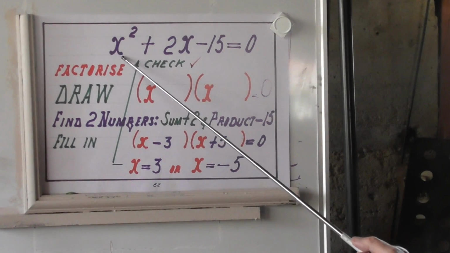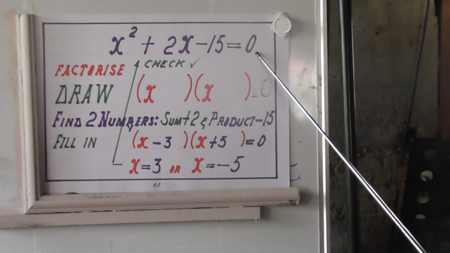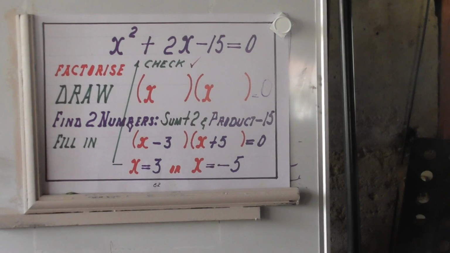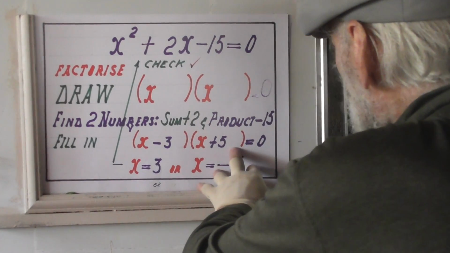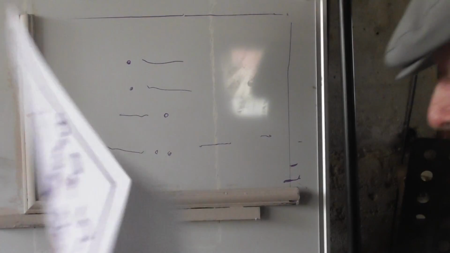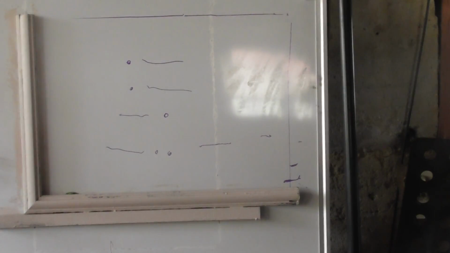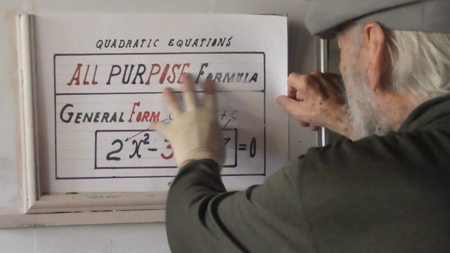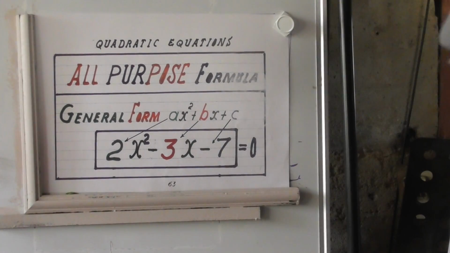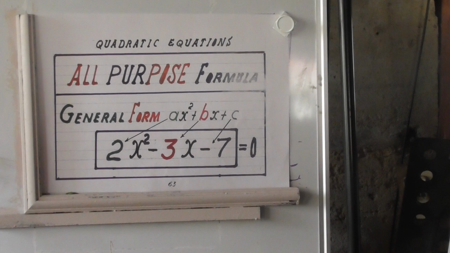So this is a quadratic equation. So we have to find the values of x. And there's always two values. Instead of trial and error, we have an all-purpose formula.